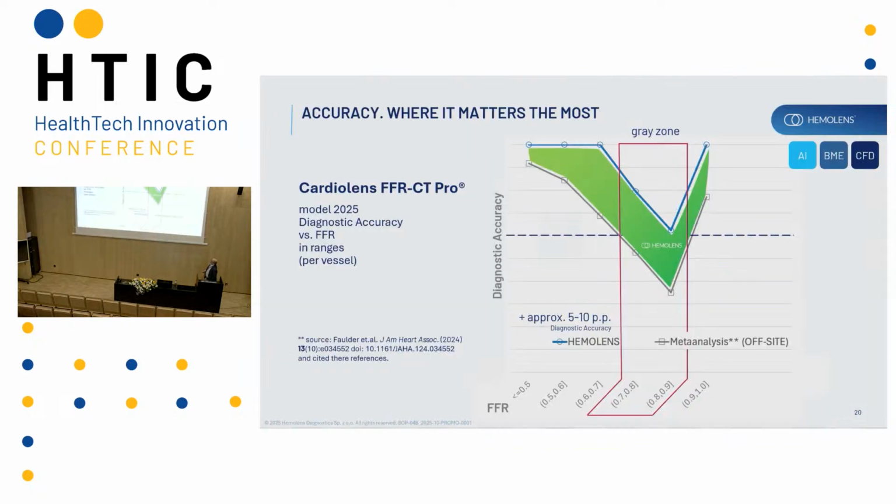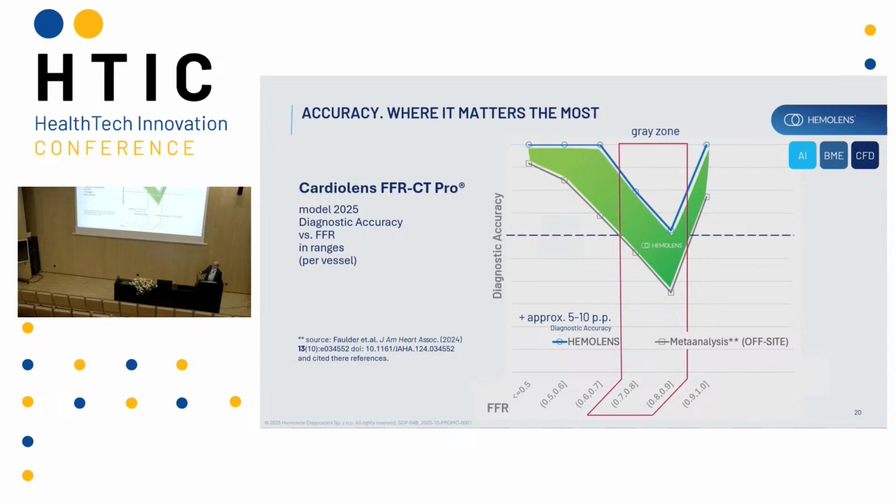And what we managed to achieve in our approach is, we call it gray zone. That's the gray zone, it's around 0.8, on the left and the right of the 0.8. That's the border of positive, negative. And our solution is about 10 percentage points above the mean level of diagnostic accuracy in the same region of the products that are already on the market.